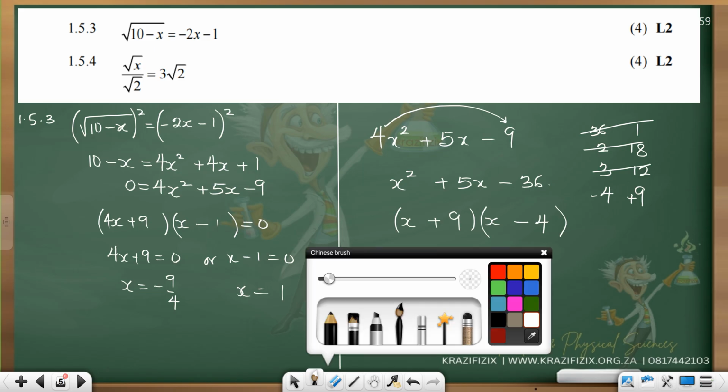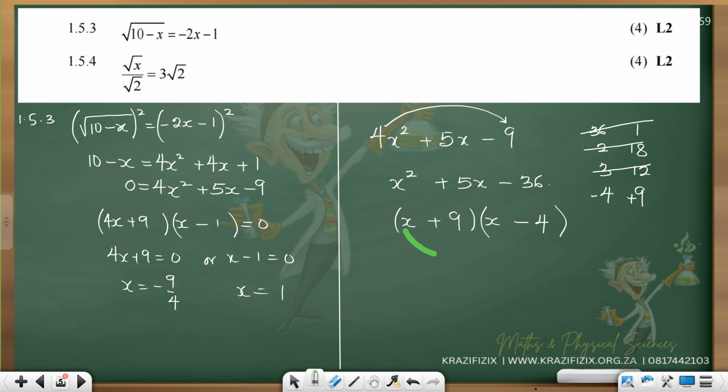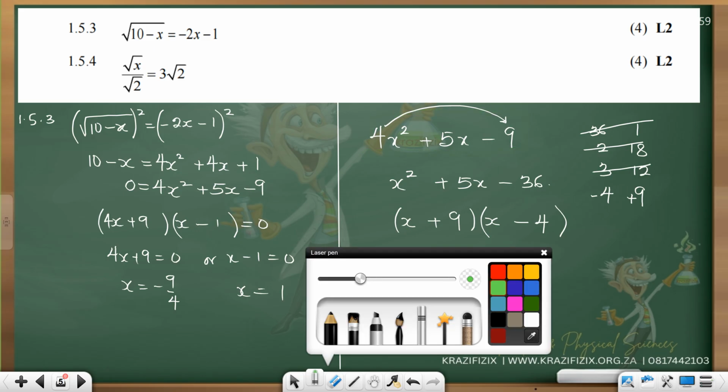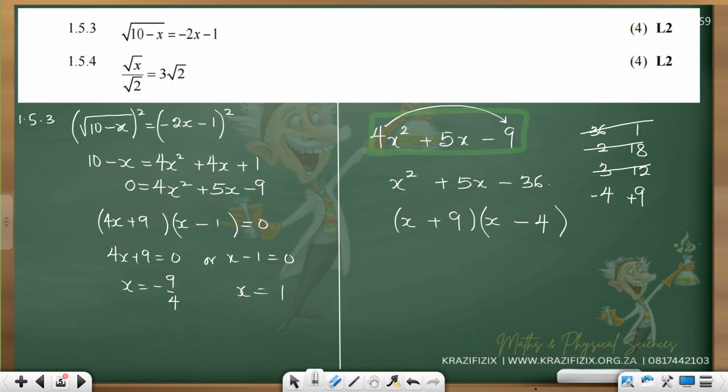But now, check this. If I multiply this back, x times x would not give me 4x squared. This is the original question. So what do we do? It's a method that we learned in, I think, lesson 1 or lesson 2. Since we multiplied by 4, we would come here and divide by 4. And the idea is to make sure this number is a whole number, not a fraction.